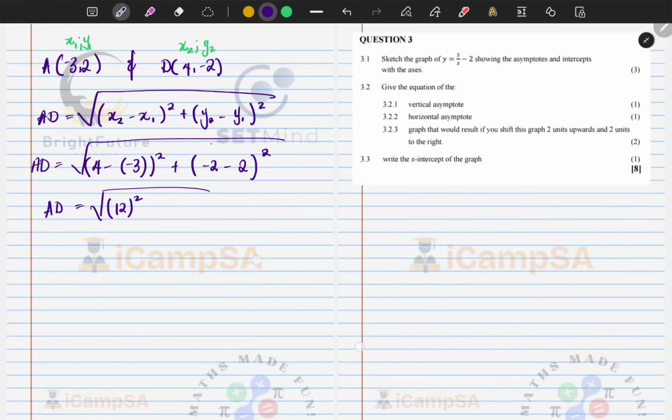And then 2 minus 2 is going to be 0, so it's going to be plus 0. And then your AD is essentially going to be the square root of 144, which is the same thing as 12. So therefore your AD is equal to 12 units.